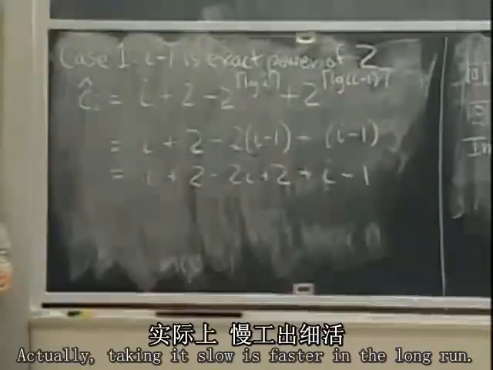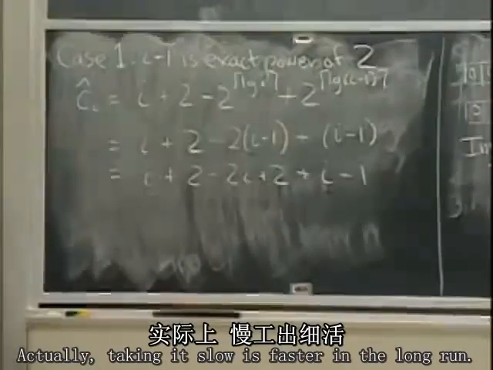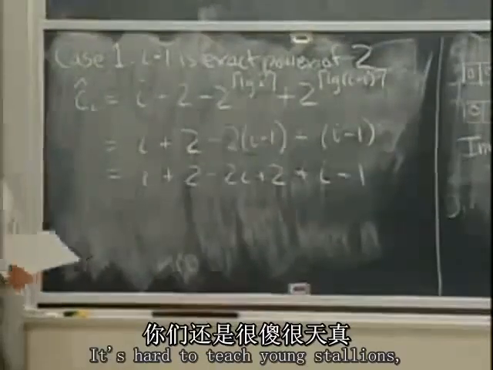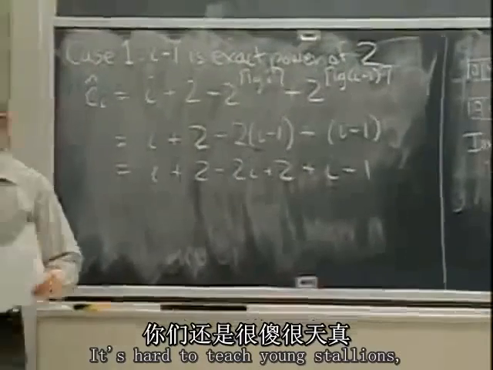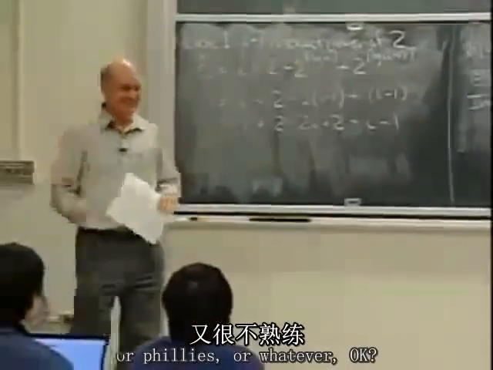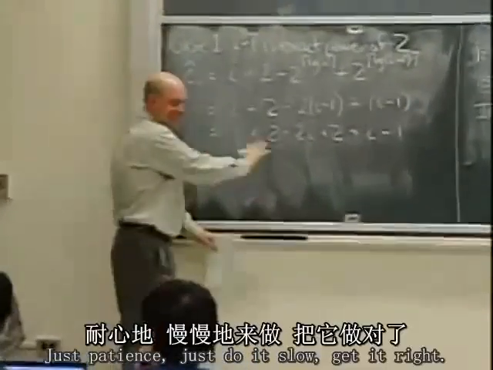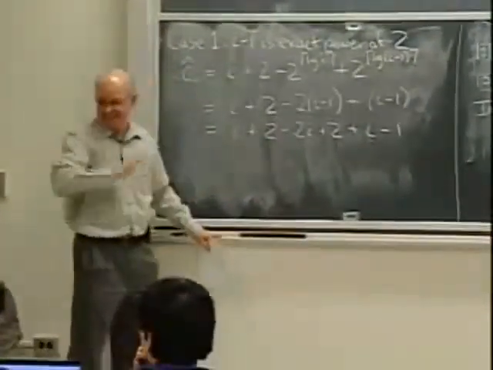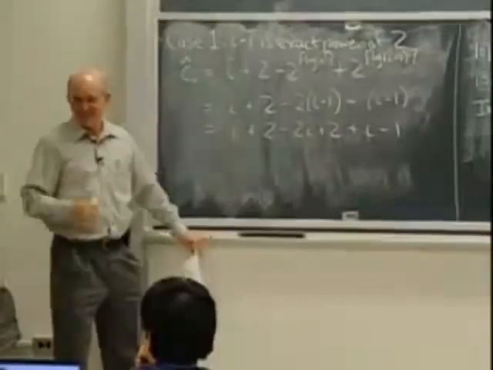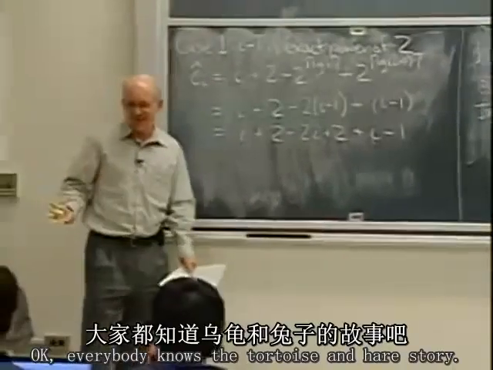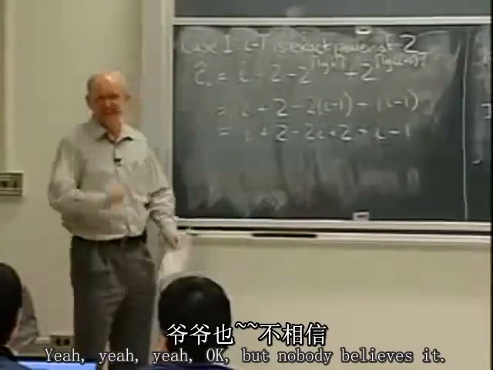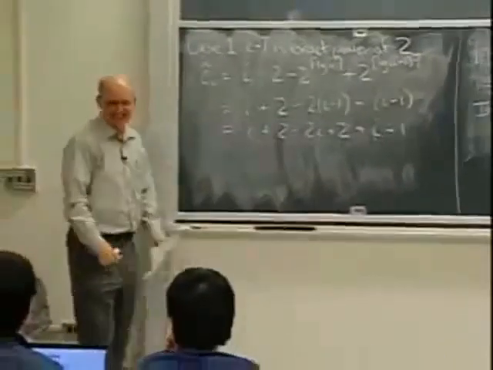Actually, taking it slow is faster in the long run. Hard to teach, young stallions or fillies or whatever. Just take it easy, just patience, do it slow, get it right. It's actually faster. Everybody knows the tortoise and the hare story, but nobody believes it.